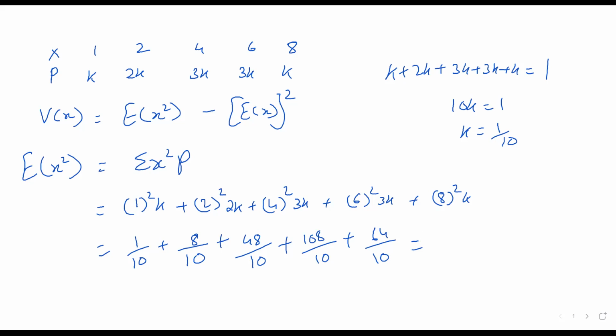One plus 8 plus 48 plus 108 plus 64. So it is 229 by 10. So 229 divided by 10, 22.9.